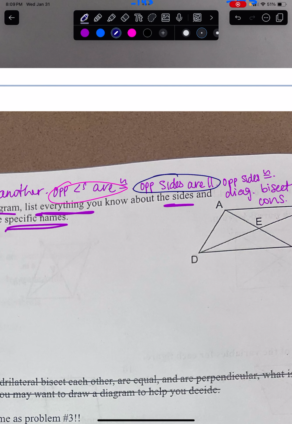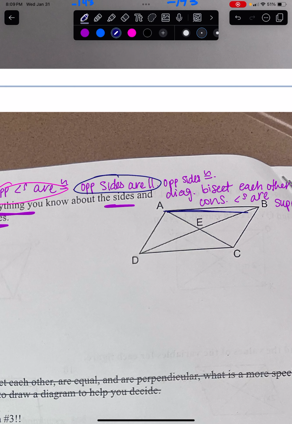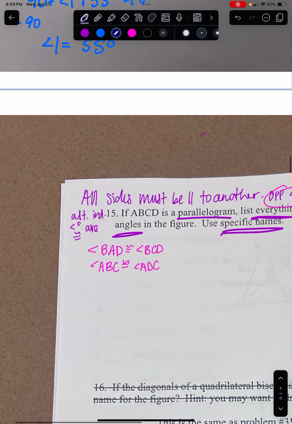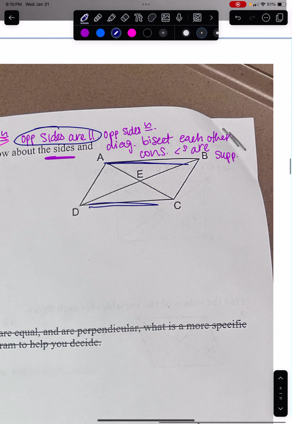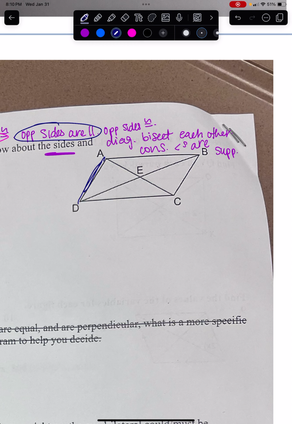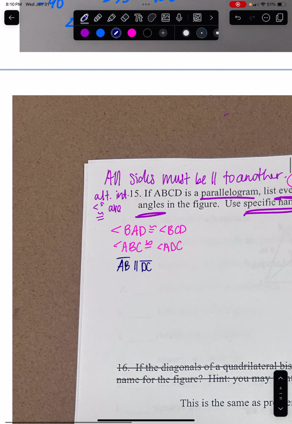Opposite sides are parallel. Well, we have this side and this side. So AB is going to be parallel to DC. And then we have AD and BC.